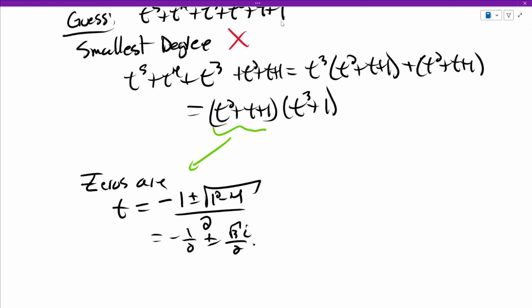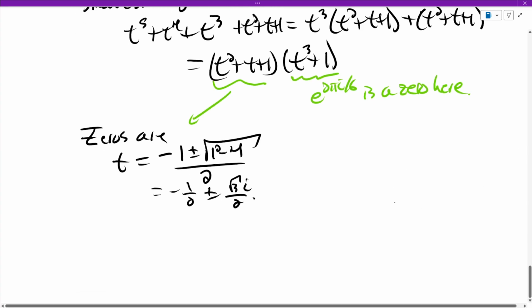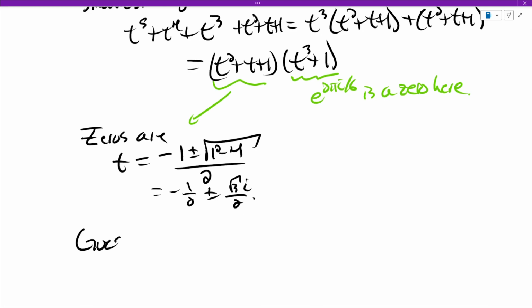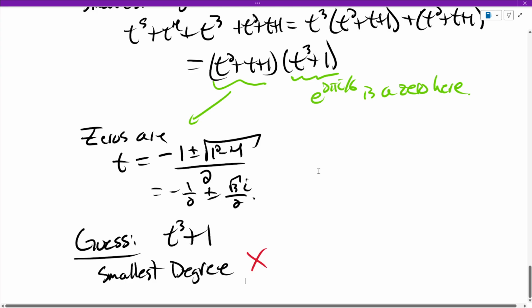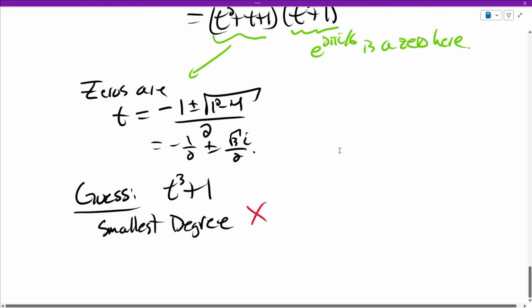Okay, so e to the 2 pi over 6, since it's the 0 of the left-hand guy, must be a 0 here. All right, so we might make another guess. Well, it must be t cubed plus 1. But we'd be wrong, because although it's monic and it has e to the 2 pi over 6 as a 0, it's not the one of smallest degree. And you might notice that actually t cubed plus 1 factors.